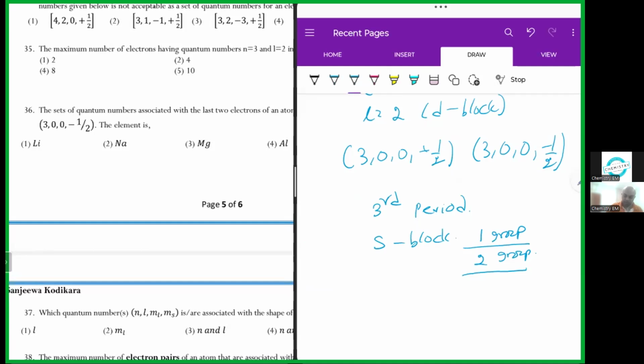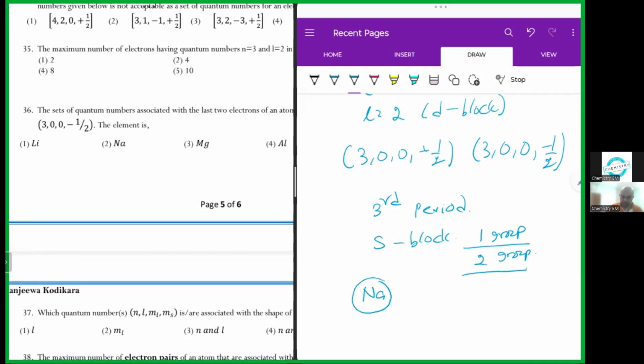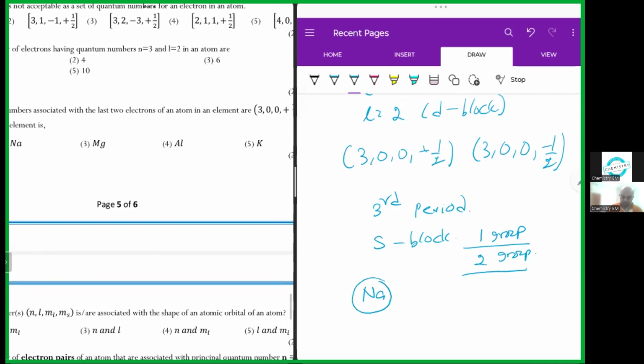So sodium is a candidate. Right? Then magnesium. Magnesium is also third period S block. Sodium is third period and first group.